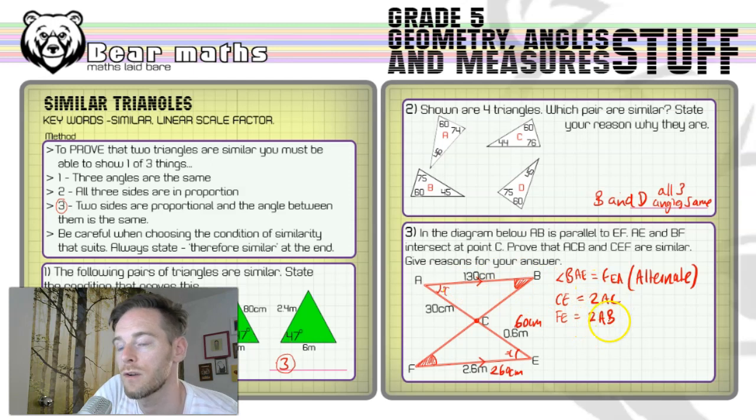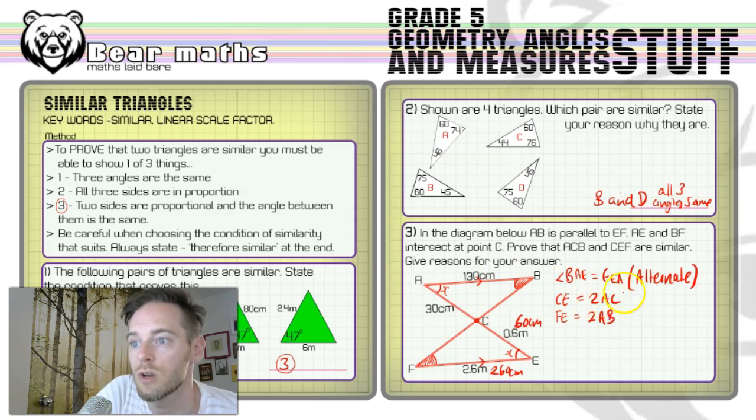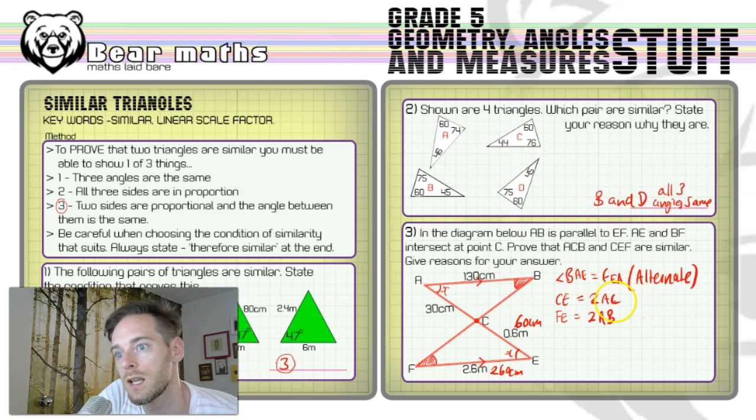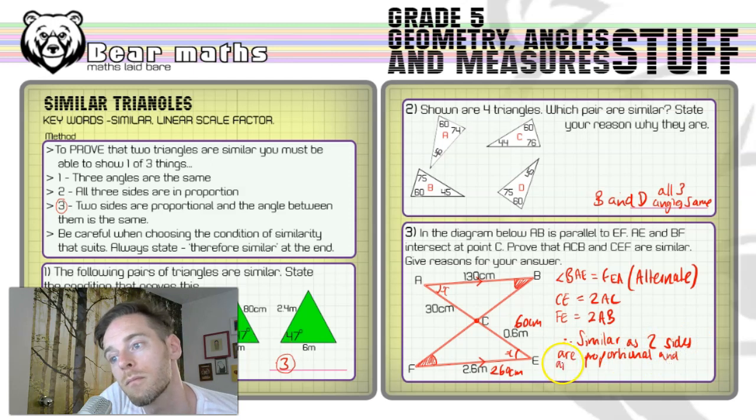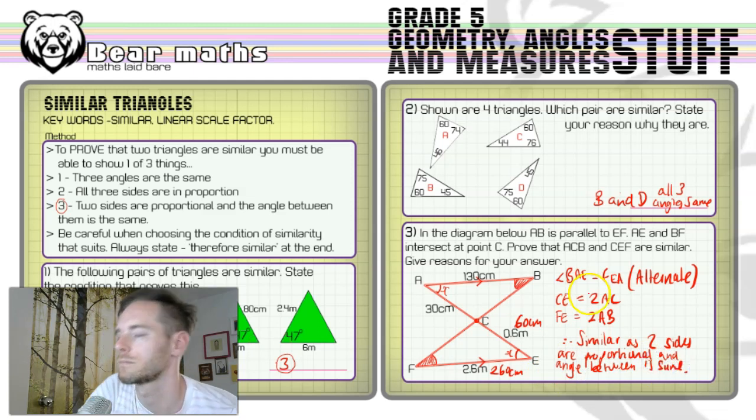Putting that 2 in front of these means that that's just 2 times whatever that length is. And therefore similar, and the reason again, 2 sides are proportional and the angle between them is the same. So there you go.